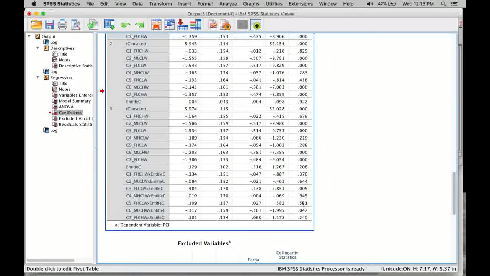Then the next one that's significant, males, low competence, high warmth. So again, it's negative. So what that means is as entitlement goes up, PCI scores go down.